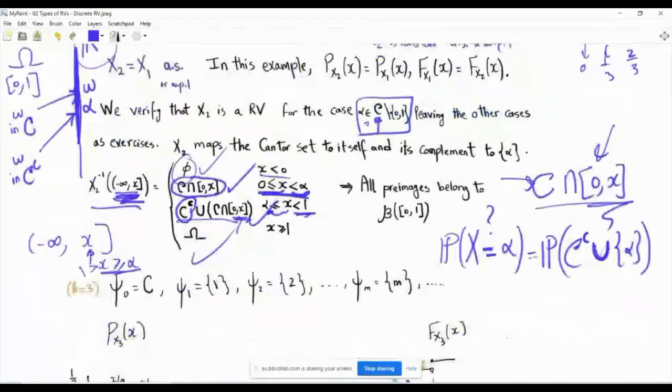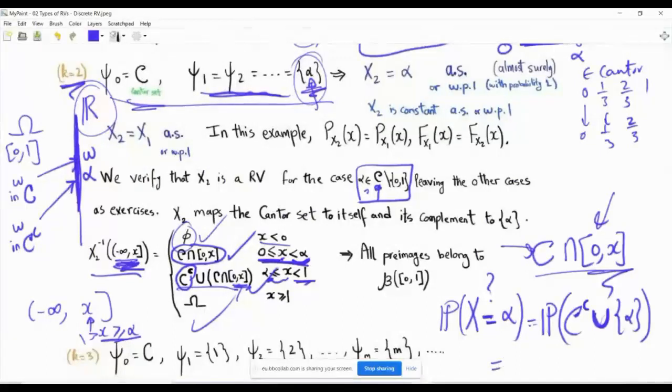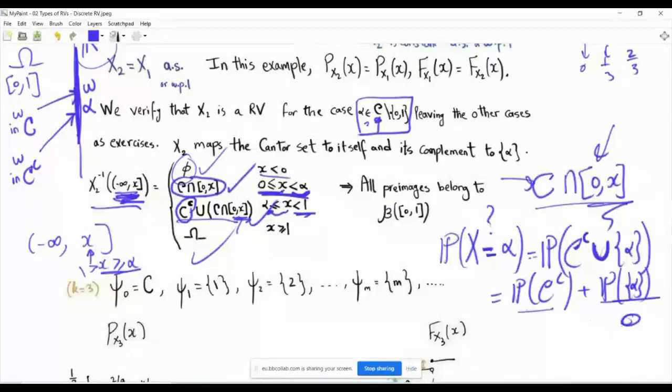And what is the probability of those? Under the uniform measure, it's the probability of C complement plus the probability of alpha. What is the probability of a singleton? 0. What is the probability of the complement of the Cantor set? Remember we did it in a previous lecture. This is 1. The Cantor set takes probability 0, the complement takes 1.